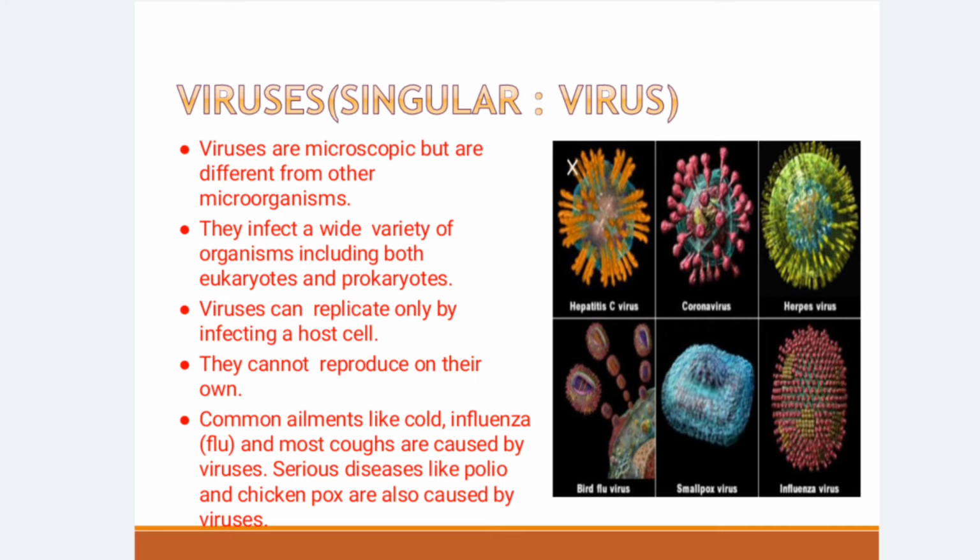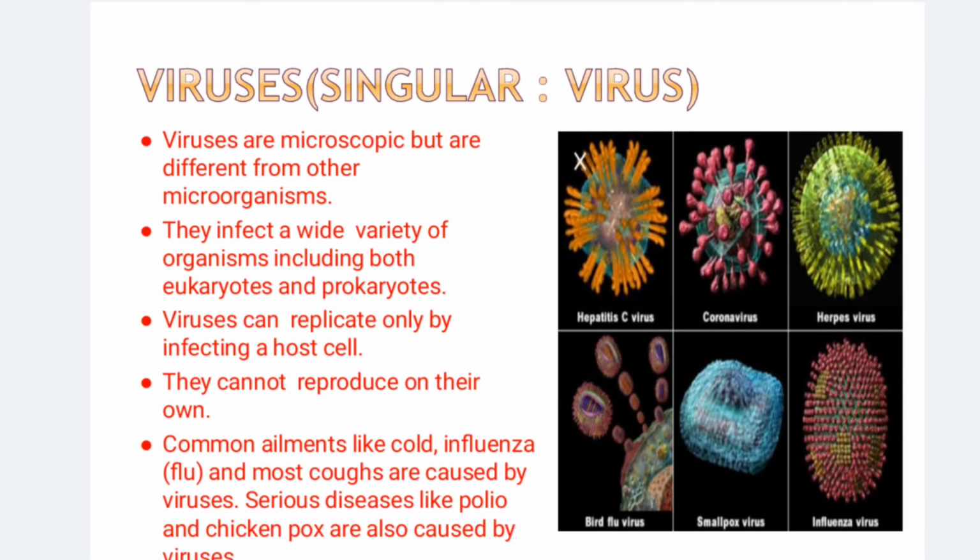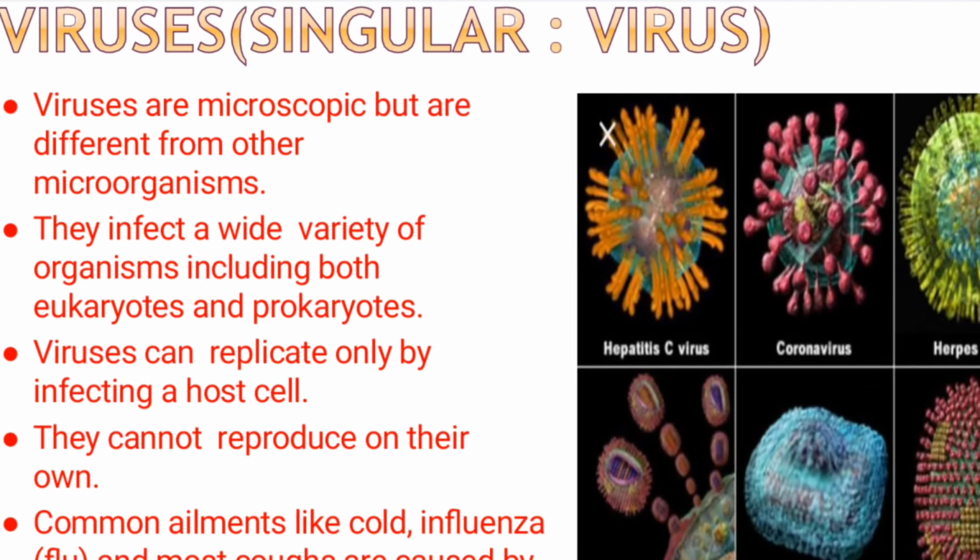Whenever they enter the host cell, they use the machinery of the host cell and start behaving as living. And when they are outside the body of the host cell, they remain as a non-living particle. So this is the special characteristic of viruses.